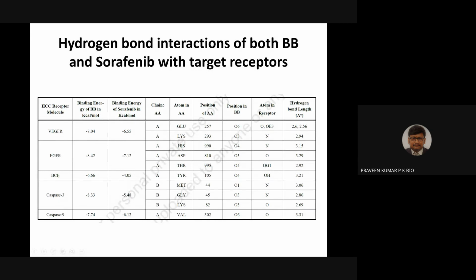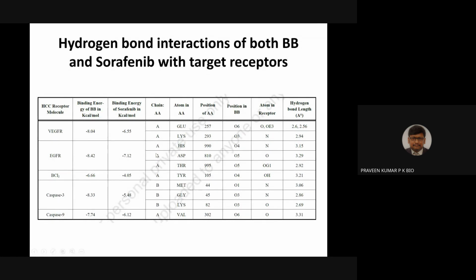That means sorafenib is targeting majorly VEGFR and EGFR. Even if you check the literature papers or drug databases, it's clearly mentioned this is a standard control drug for these two targets, VEGFR and EGFR. But it's not good with the apoptosis receptor caspase 3. Of course, it shows something good for caspase 9.